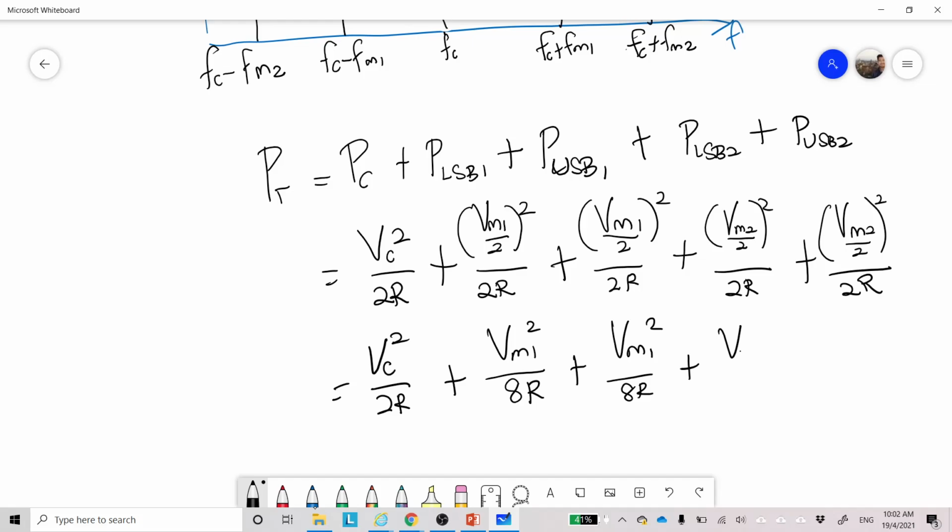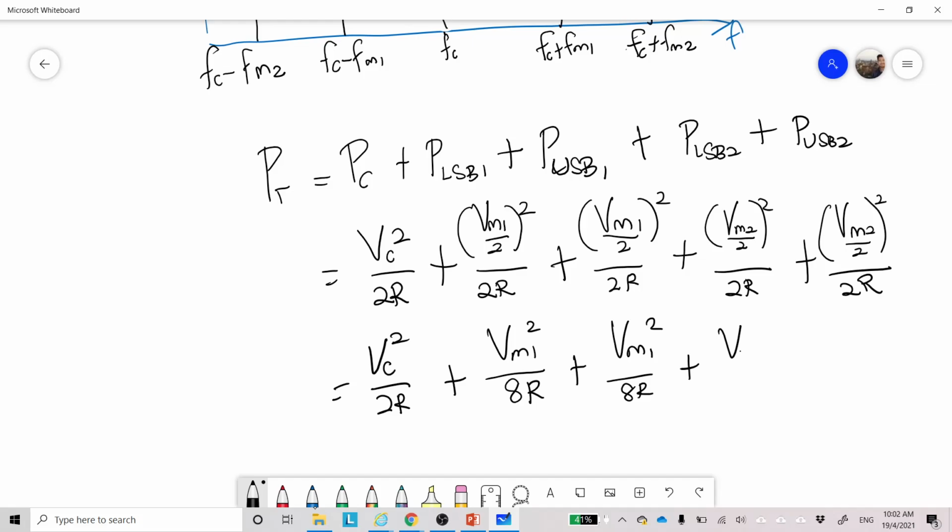So you see that when I write the power equation, I am using the equations based on the equations that I have written here. So from the equation I have 5 components, and then I draw the power spectrum. I have 5 components in this example.